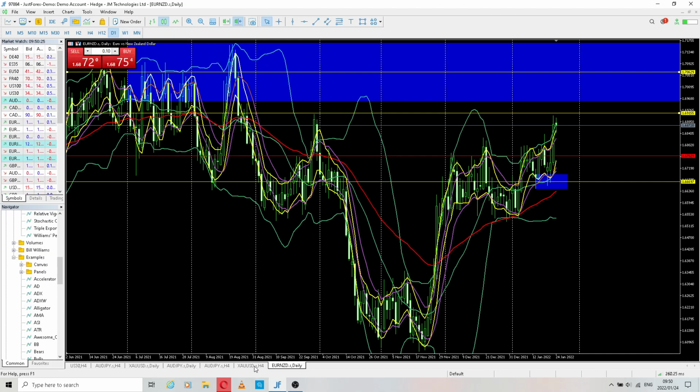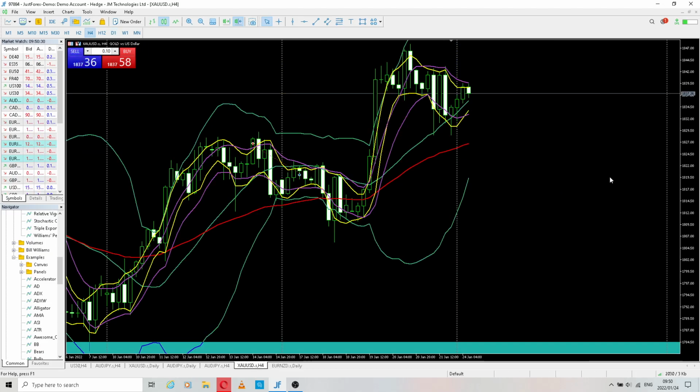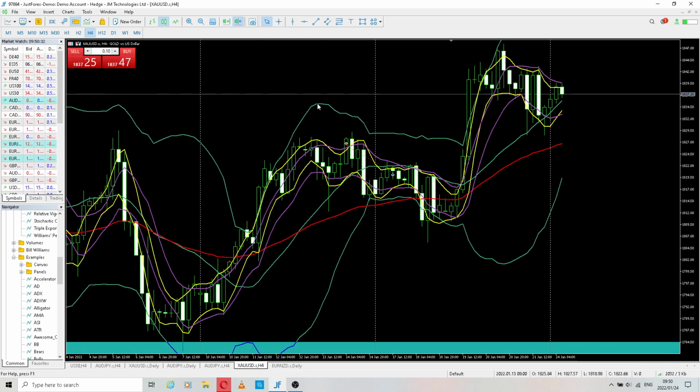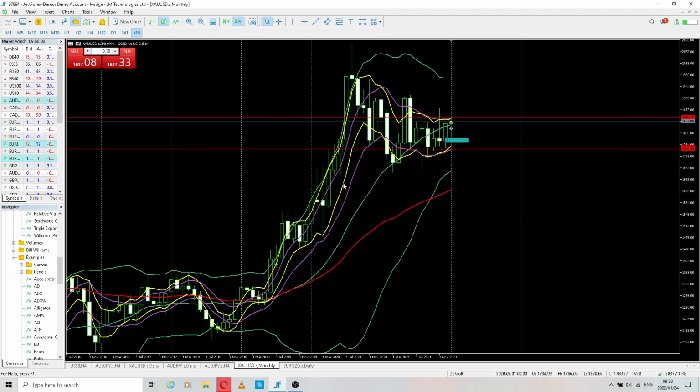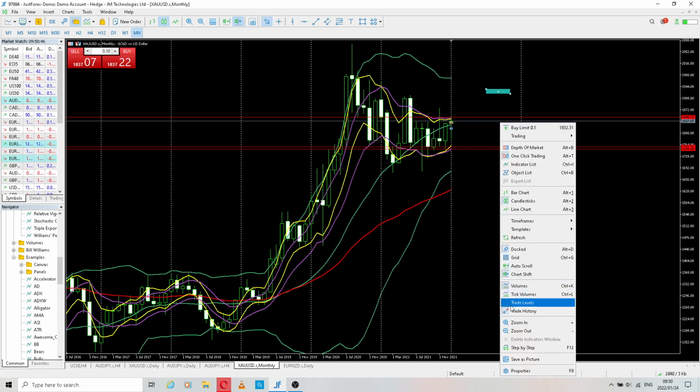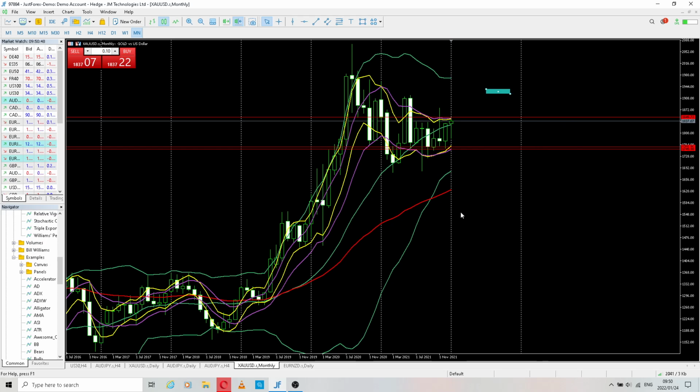So let's go to gold and see what gold is doing. Let's start with the monthly time frame. On monthly, on gold, we have a CSM there, I mean a CSD there, then a re-entry.